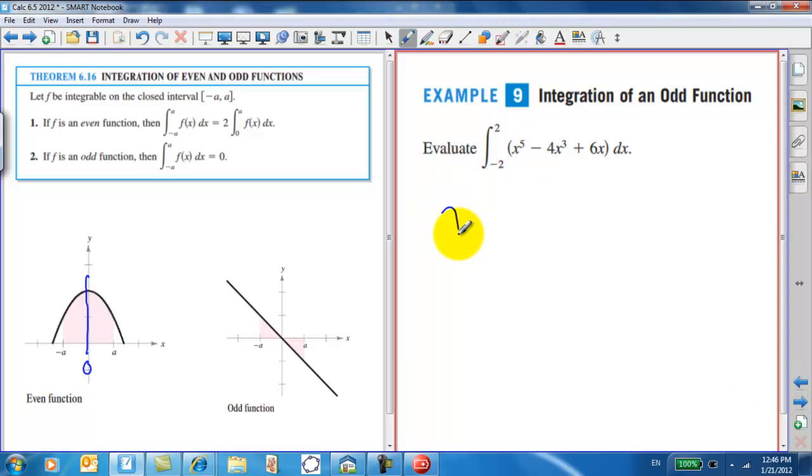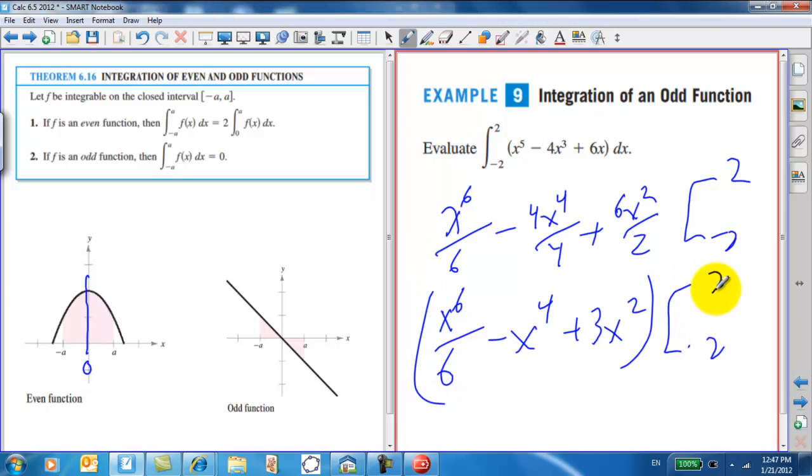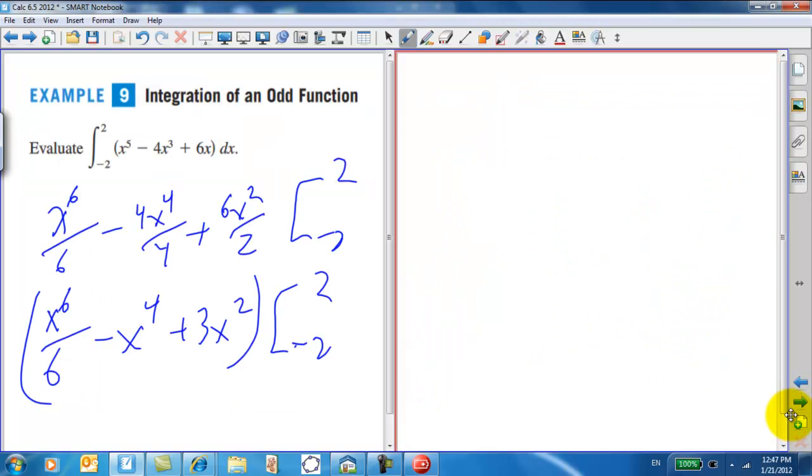We can crank it up and say x to the 6th over 6 minus 4x to the 4th over 4 plus 6x squared over 2 evaluated from -2 to 2. So that's x to the 6th over 6 minus x to the 4th plus 3x squared evaluated from -2 to 2. Now we're going to evaluate from -2 to 2.